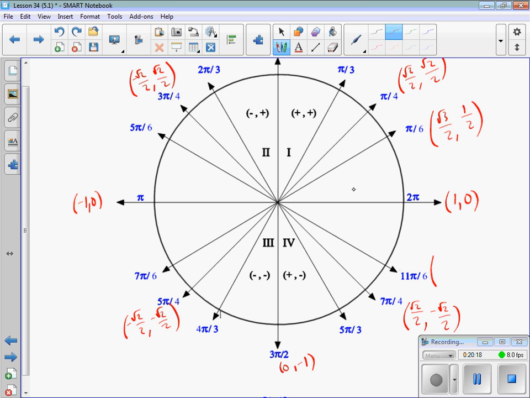So the x is still positive, but the y is going to be negative 1/2. Everyone see that? If I reflect it over the y-axis, it's going to land here at 5 pi over 6. So that's going to be negative and then positive. And if I reflect this down into the third quadrant, they're both negative.